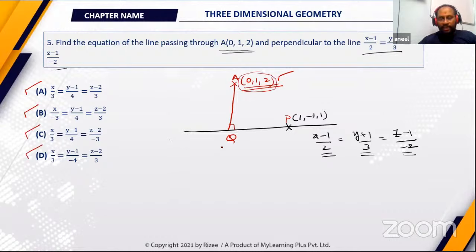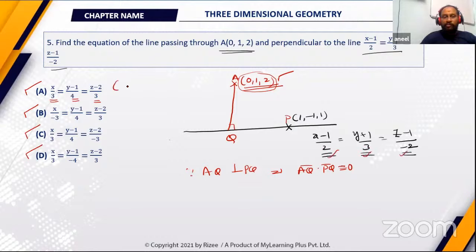Now, what do you need to check? Because AQ is perpendicular to PQ, direction ratios of AQ dot with direction ratios of PQ must be equal to 0. So the next thing you need to check is to take each option, their direction ratios are there in the denominator, dot product with this 2, 3 and minus 2.